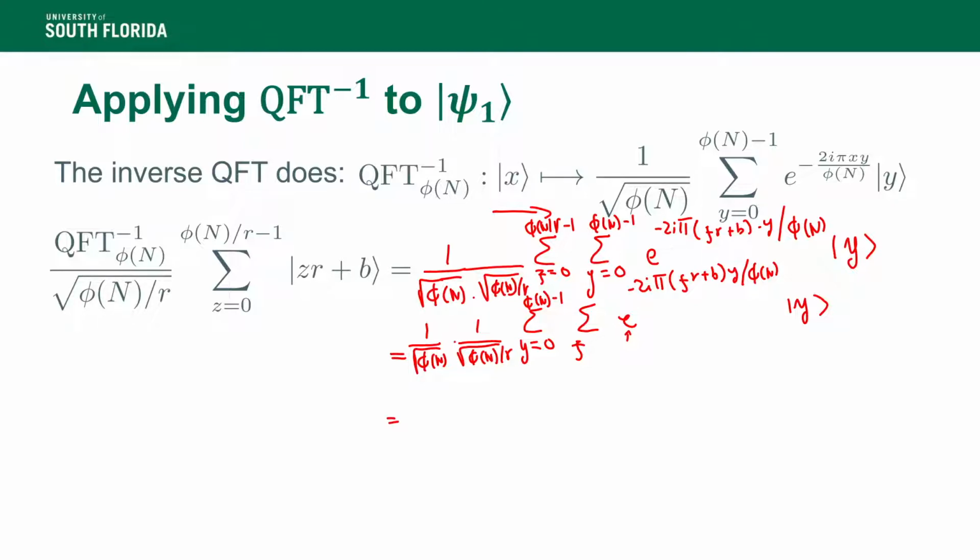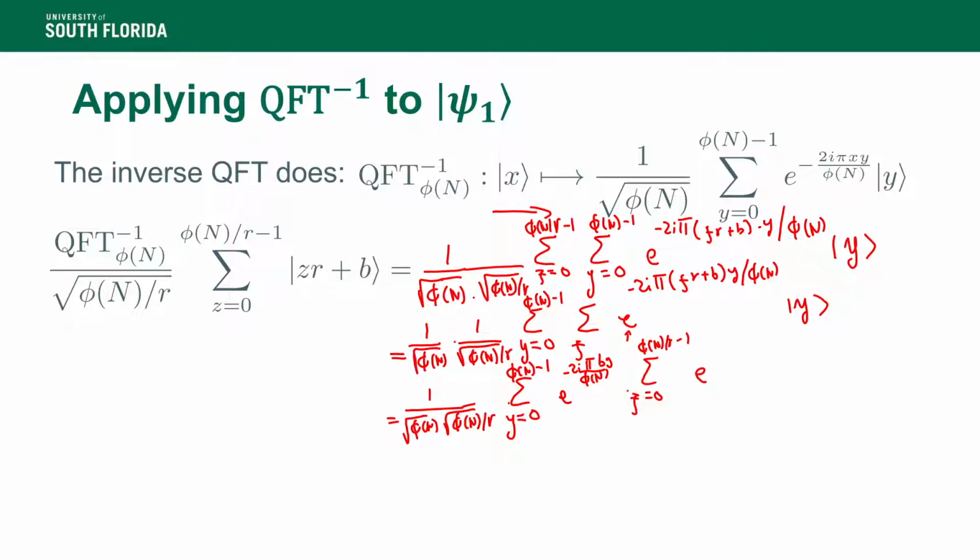So we can rewrite, so we have 1 over square root phi of n, square root phi of n divided by r, and now sum over y, and now we can extract from the second sum the exponential minus 2i pi b divided by phi of n, and now we have a sum over z equals 0 to phi of n divided by r minus 1 of exponential.